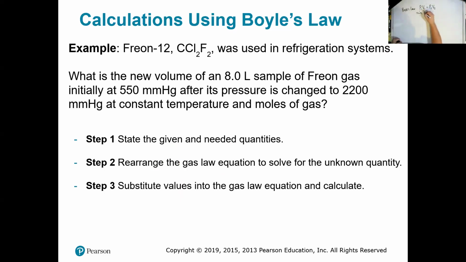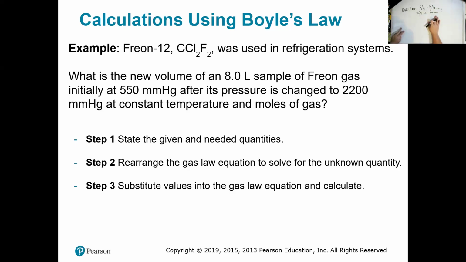And our initial volume is 8 liters. Then our new pressure, P2, is going to be 2200 millimeters of mercury, and our new volume is the question mark. Okay, so step one is listing out our information.